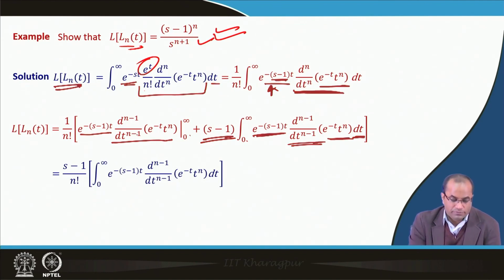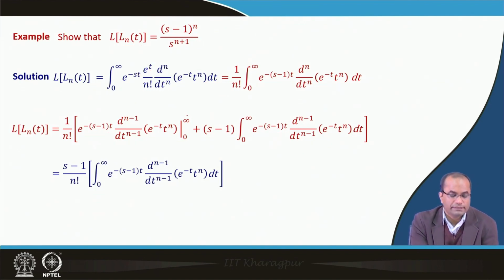The first term, if we see here, when t goes to infinity, because of this exponential term, it will vanish.